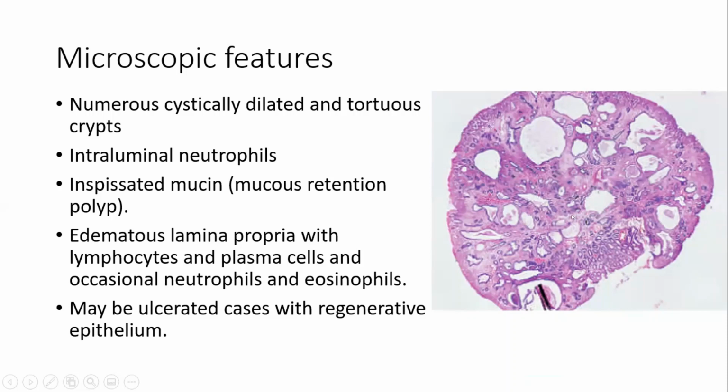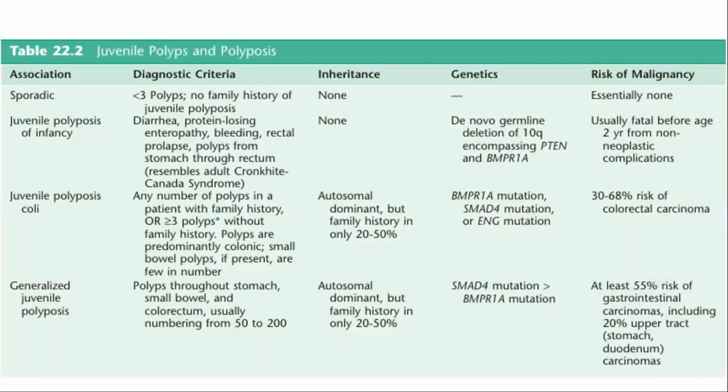Otherwise, the mucosa is normal and the epithelium is benign. The lamina propria can be edematous with some chronic inflammation, sometimes with acute inflammatory cells. It can be ulcerated, associated with regenerative epithelium.